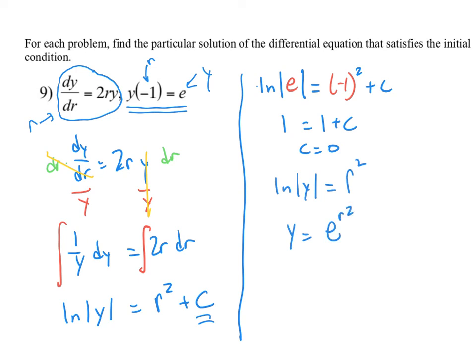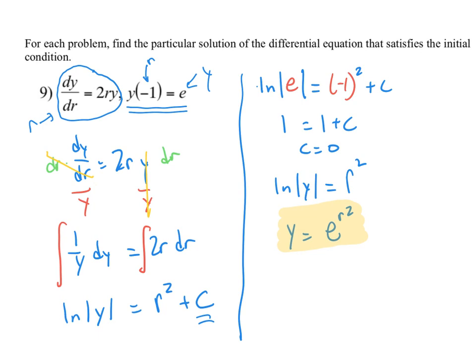Now, don't freak out too much about these absolute value symbols. Because r squared is always positive, e to the r squared is going to be positive, and that means y is always positive. So essentially, in this case, we can ignore those absolute value bars. We didn't actually ignore them.